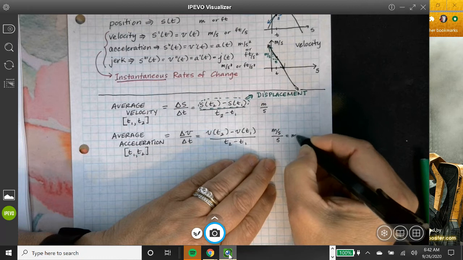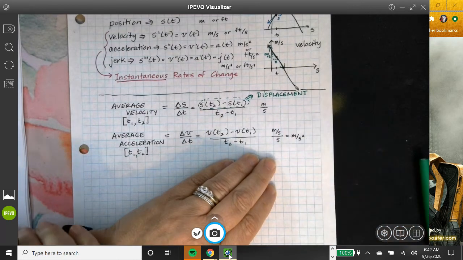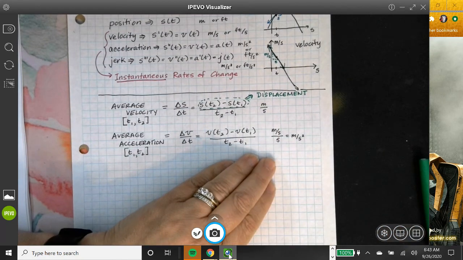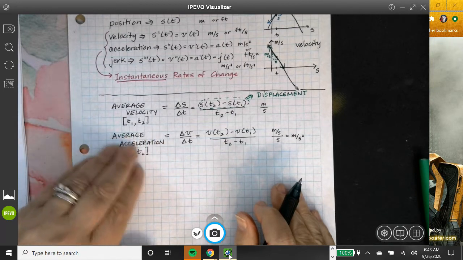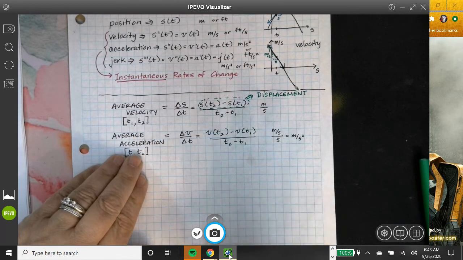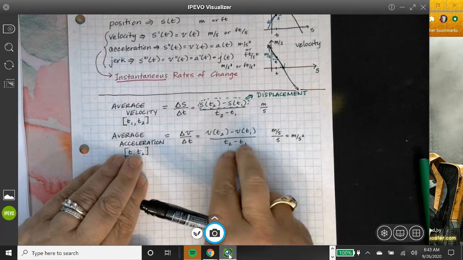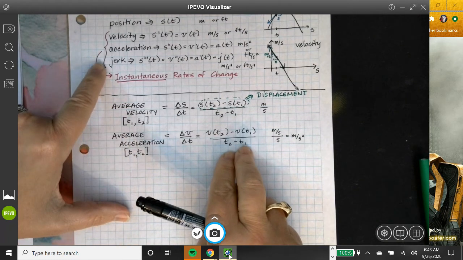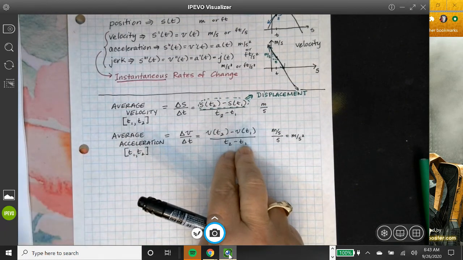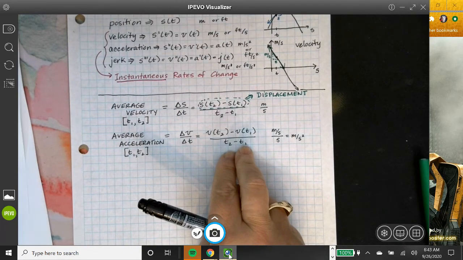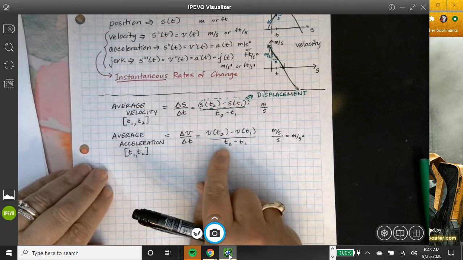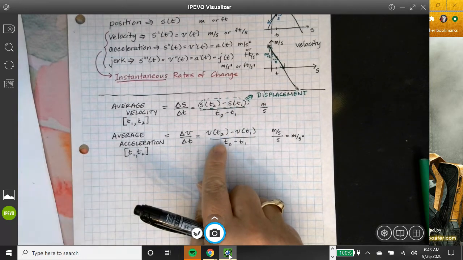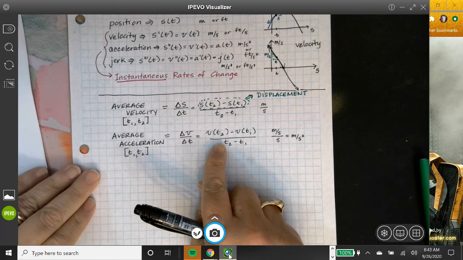And so we get meters per second squared, which is an acceleration unit. Okay, I want to stress again that when you're calculating the average acceleration, you use the velocity function, not the instantaneous acceleration function. All right? Because the instantaneous is 1 point in time, the average is 2 points of time, and this is the slope of the secant line to the velocity function between 2 points.